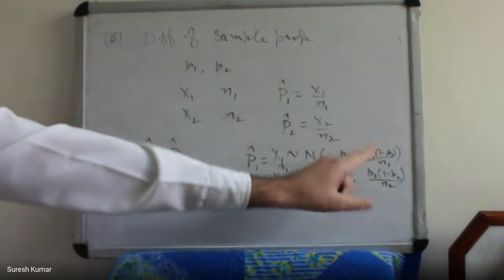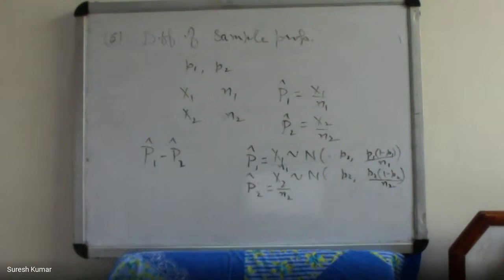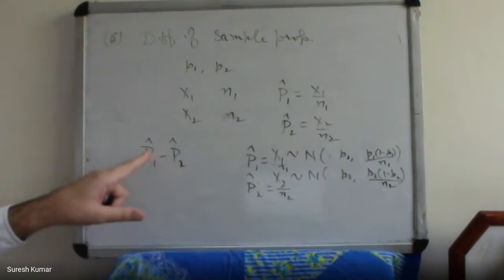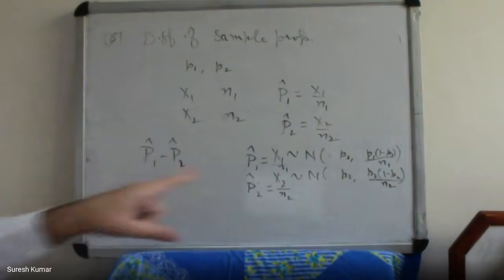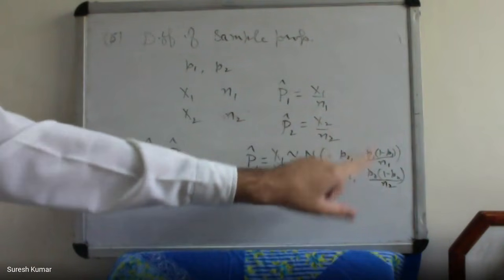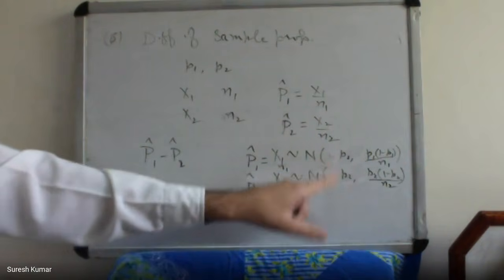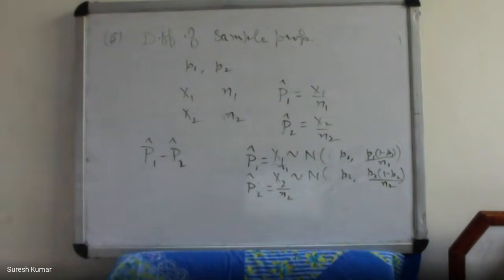Just addition of these two? Yes. If this is sigma 1 square, this is sigma 2 square, then the variance of the difference is sigma 1 square plus sigma 2 square, just addition of these two. But the mean is P1 minus P2.